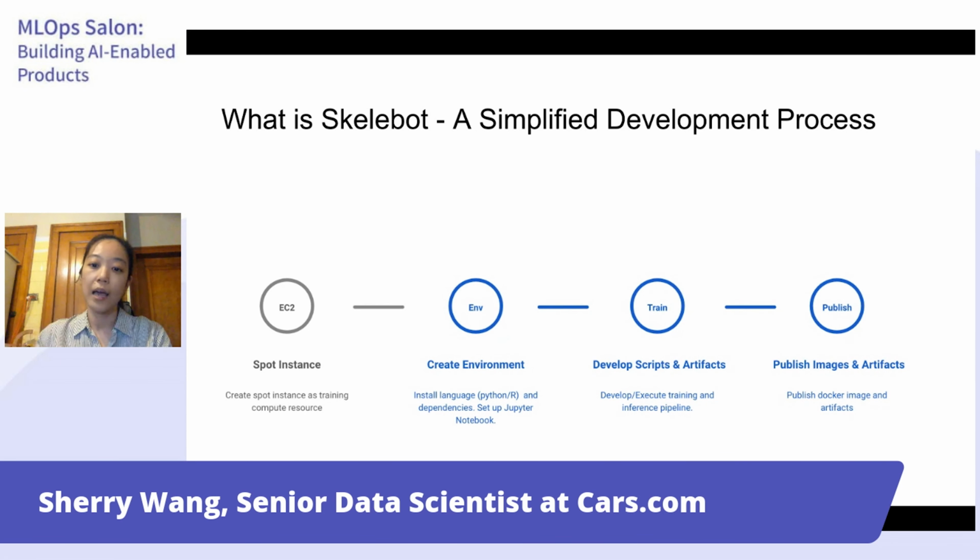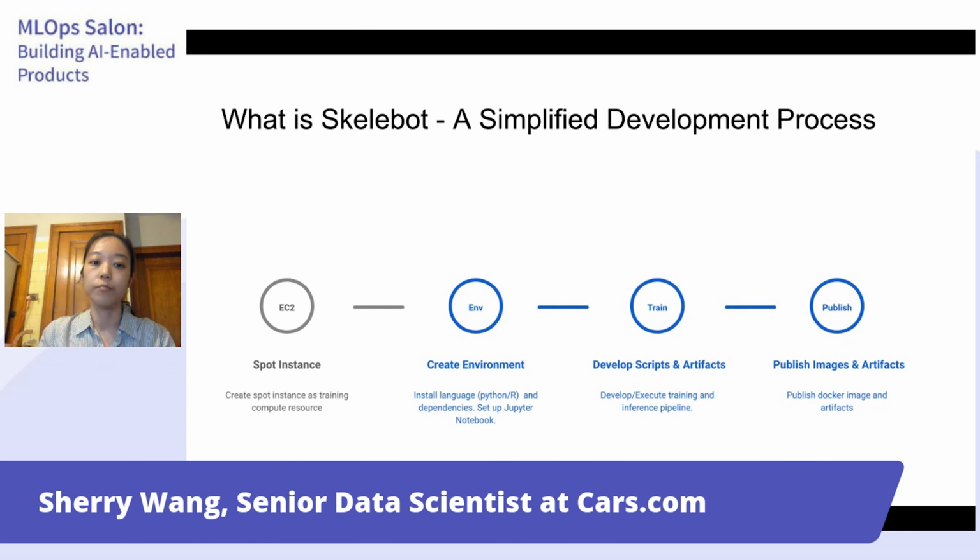We're going to have multiple different artifacts, and we go to the last step. For us, we usually hand off to the engineering team with some Docker images and also some artifacts. Maybe it's some models we trained or some categorical encoders we saved. So this is the process we go through.